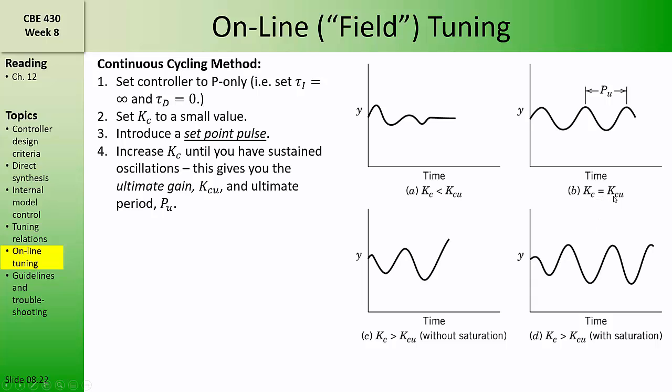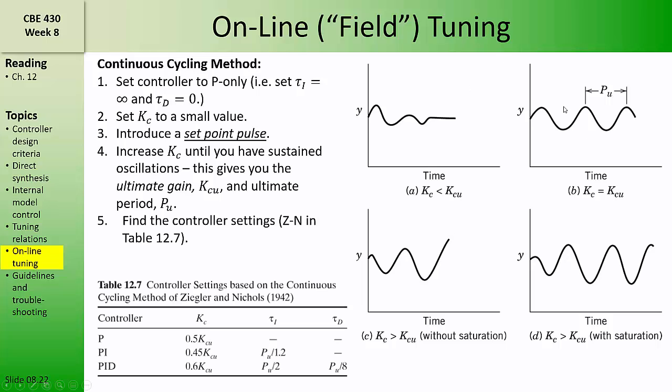If we set the controller gain to a value slightly larger than Kcu, we should observe growing oscillations in the controlled variable. Once we know the ultimate gain and the ultimate period, we can choose controller settings using tuning relations like the Ziegler-Nichols method, that we mentioned in the previous video.